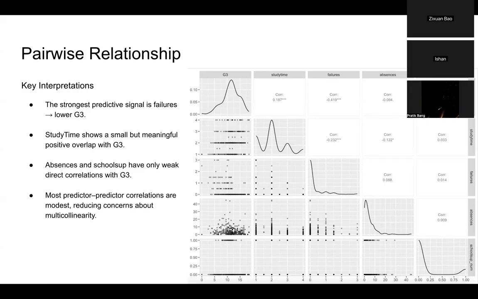Study time has a small but noticeable positive correlation with G3, suggesting that students who study more tend to perform slightly better. Absences and school support, however, show only weak direct correlations with the final grade. Finally, the predictor to predictor correlations are all modest, which is good because it means we don't have major multicollinearity concerns going into our regression model.